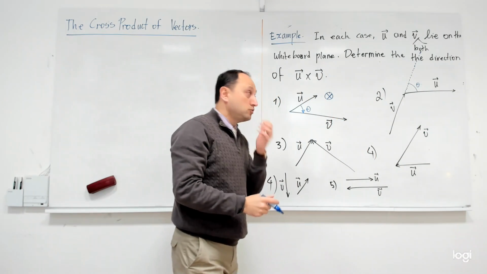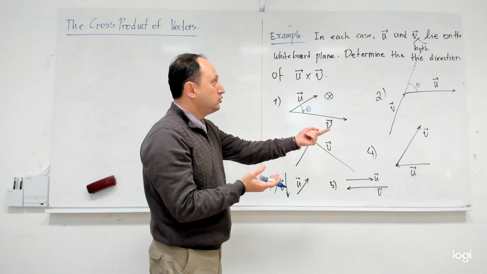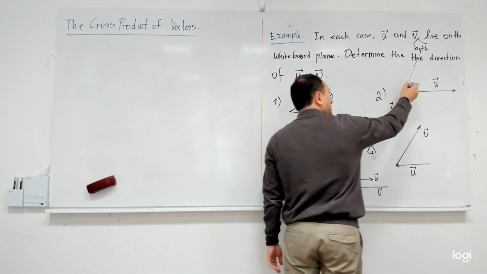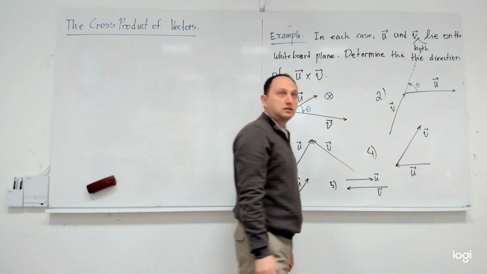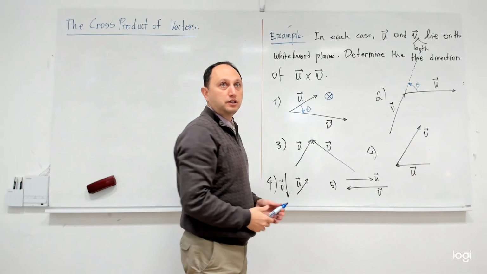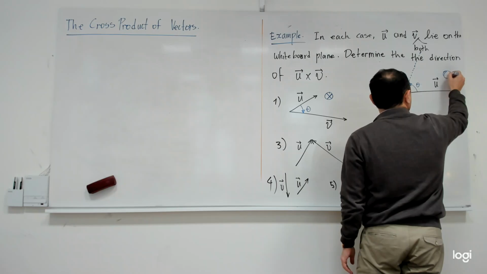Yes, so I have to bend my fingers in a way that takes U to V through this angle. So the rotation should be in this direction, yes? So then if you see, if I rotate U to V, it points outward. So this is extremely important to understand, this direction.